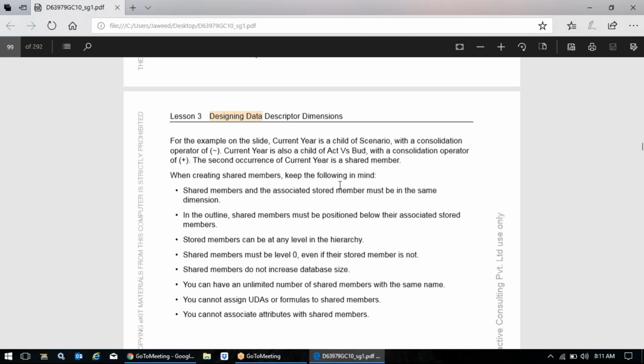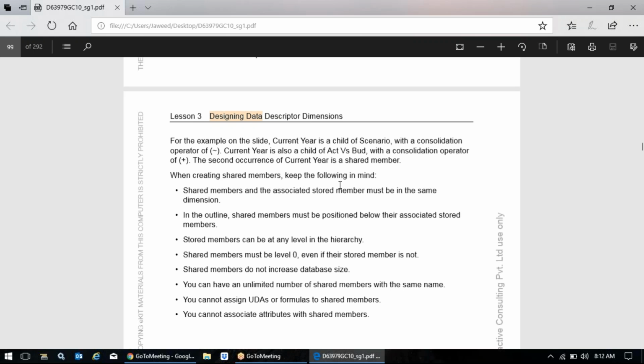Okay. Now here, when we are creating the shared members, what you have to consider is that the shared member and the associated stored member must be in the same dimension. Now, when I say the shared member and the associated stored member, let's say we are sharing a value.